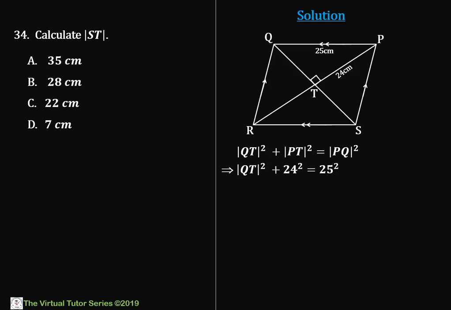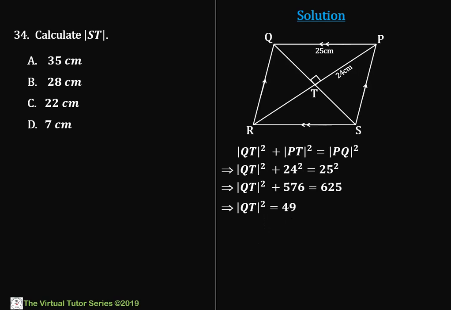24 square is 576 and 25 square is 625. So we have length QT square plus 576 to be equal to 625. Subtracting 576 from both sides of the equation, we have length QT square is equal to 49.